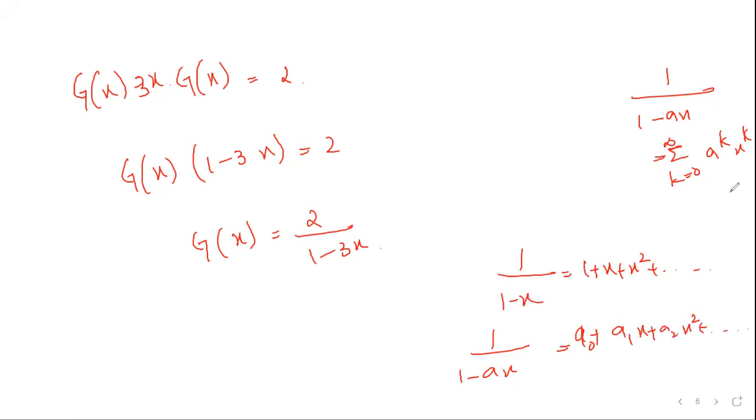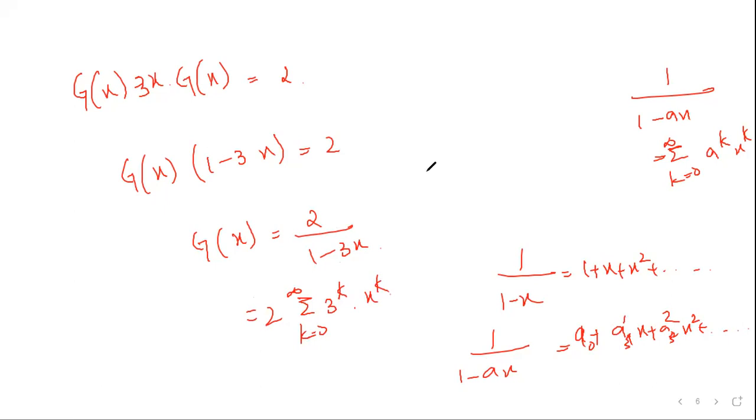Similarly, what will 1 by 1 minus 3x be equal to? The coefficient instead of this a, we have 3. So 3 power k into x power k.